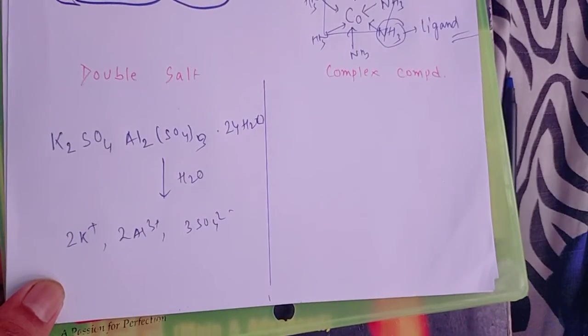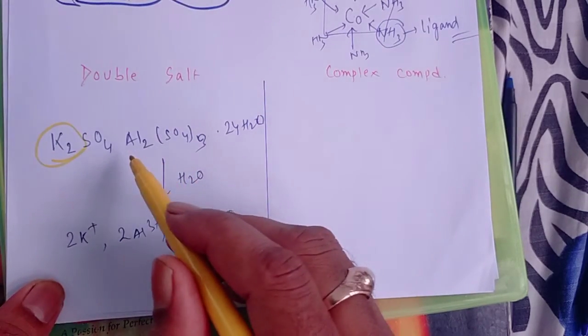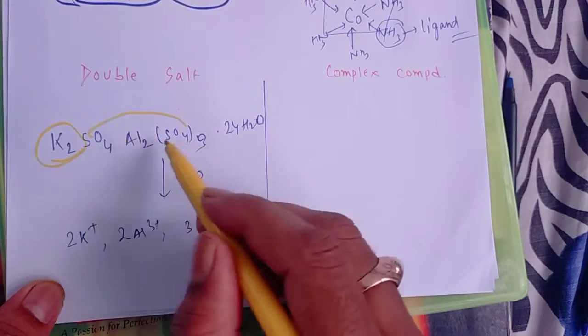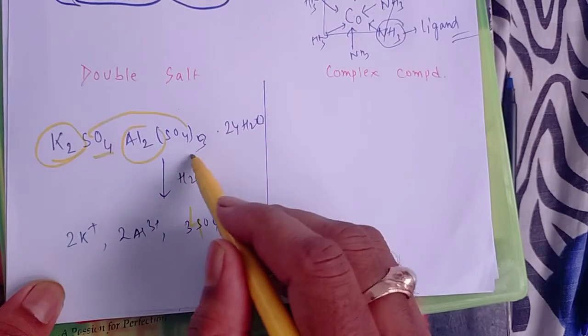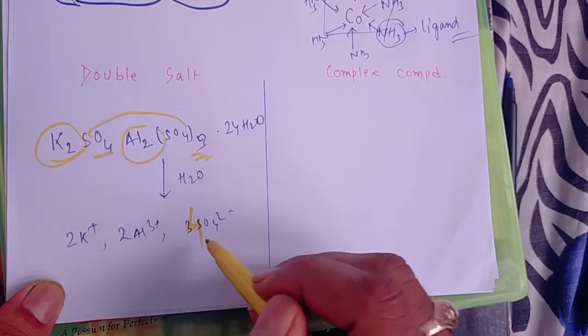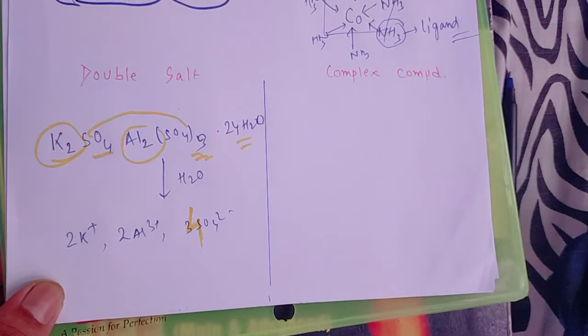It dissociates into its constituent ions: potassium, sulfate, aluminum. The sulfate should be 4 there, 1 plus 3, 4. Water remains as water, there is no problem.